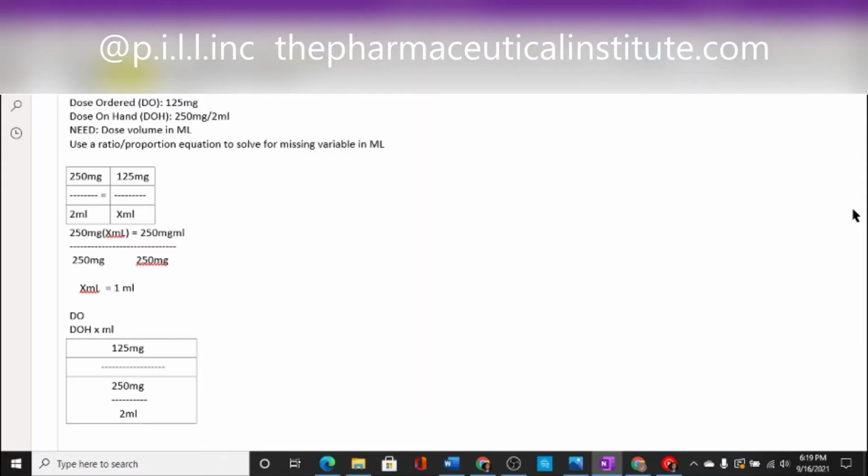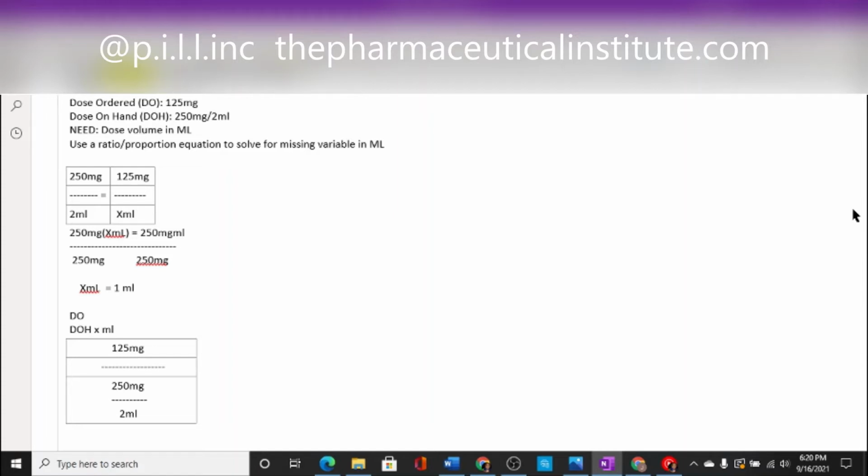We'll set up our ratio proportion equation, with our dose on hand on the left-hand side and our dose ordered on the right-hand side. And once again, it doesn't matter which ratio goes on which side. Just try to stay consistent so that when you're tackling these problems, things don't start to look different. You do the same thing every time. So dose on hand on the left, dose ordered on the right.